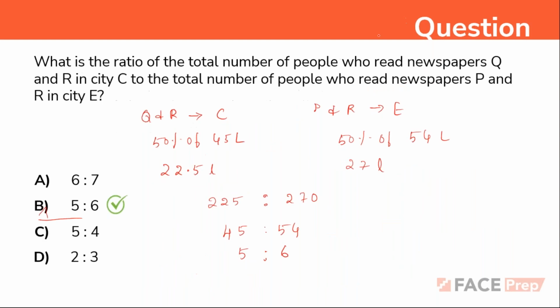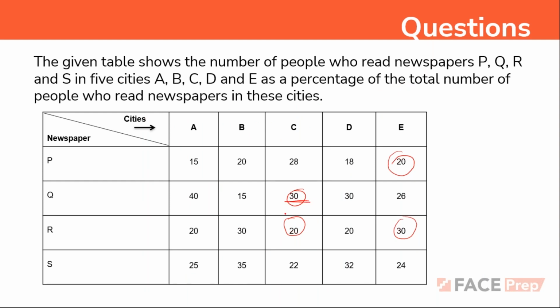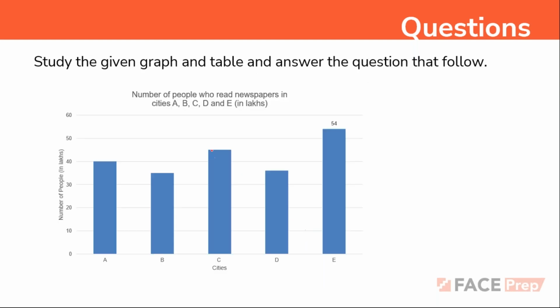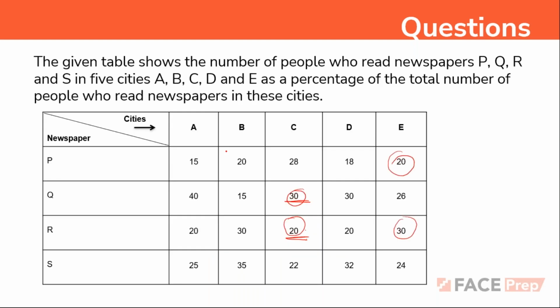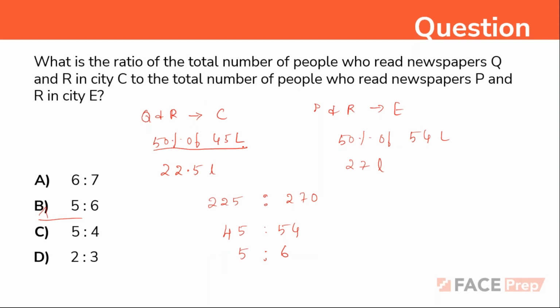Previous question. Here, Q and R in city C. If you take city C, Q is 30 and R is 20. So 50% of city C is 45 lakhs, so 50% of 45 lakhs.